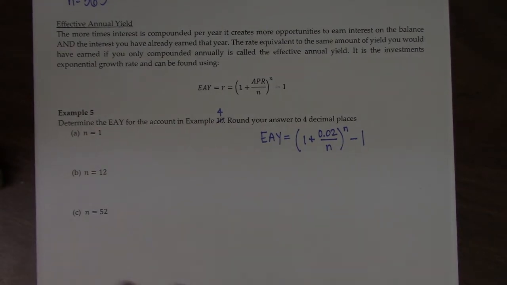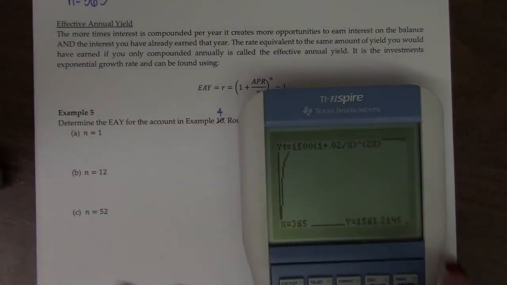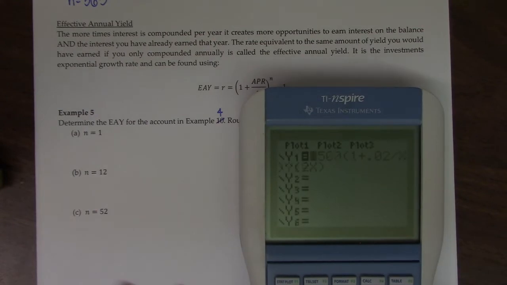So I can come back to my calculator and go into my y equals and change my model. My model is 1 plus 0.02 divided by n, raised to the n, and then I'm going to subtract 1. Once again, I'm going to adjust my window.